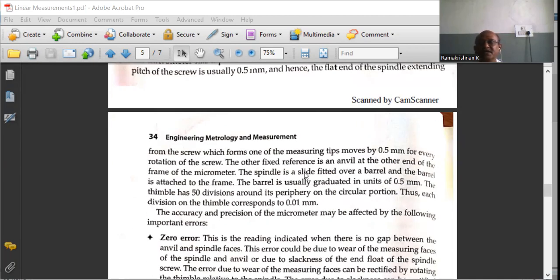So one division on the thimble is 0.5 divided by 50, that is 0.01 mm. That is the least count of the micrometer.